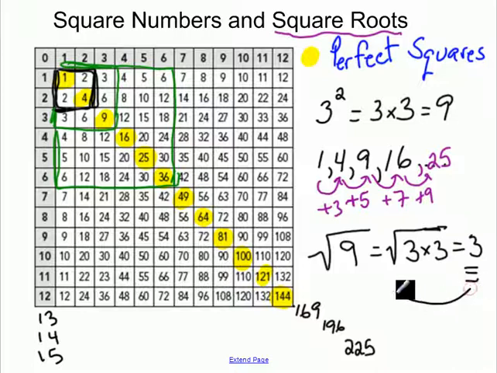Going the other way around, 3 squared is 9. So squaring and square rooting are the opposite to each other. Okay. There are other things I can do to multiply and get 9. I could do 9 times 1, but that's not multiplying the same number by itself. Okay. So square rooting is simply finding a number that multiplies by itself and gives me the value underneath the square root sign.